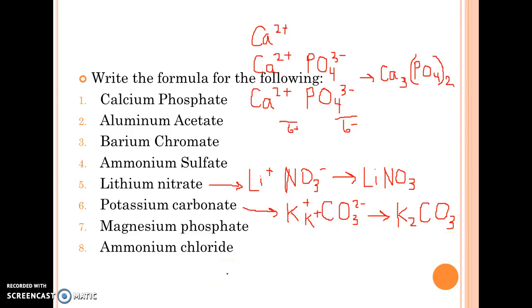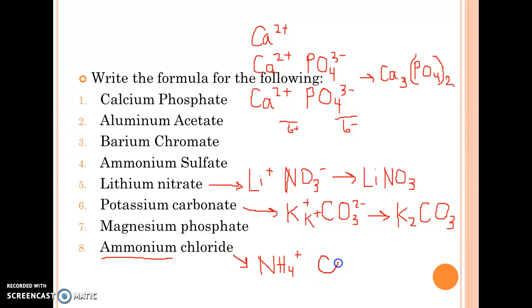Let us do one more. Let's do ammonium chloride. It's a little bit different than the other ones, just because ammonium chloride does not involve a metal. However, we do have ammonium, which is a polyatomic ion. It's the first ion on your list, and its formula is NH4. It has a +1 charge, so we've written that one down.